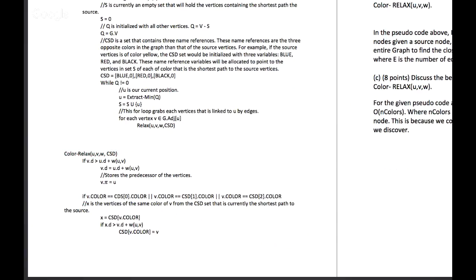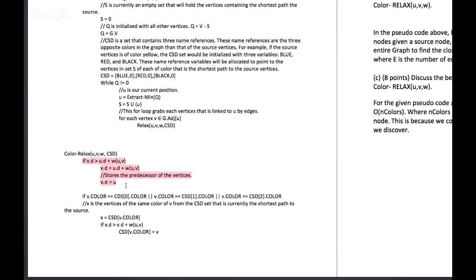The first part of relax is very similar to what we have for the regular algorithm. We have if v.d is greater than u.d plus the weight of the edge w(u,v), then v.d is equal to u.d plus the weight w(u,v).